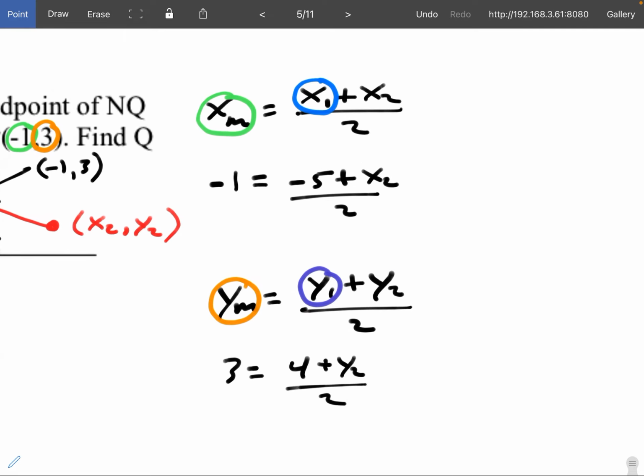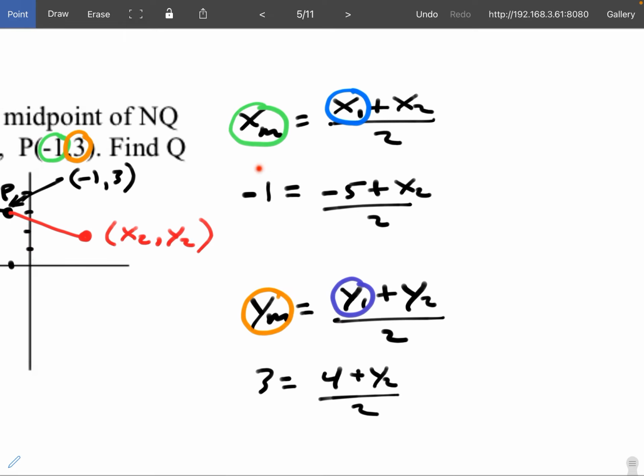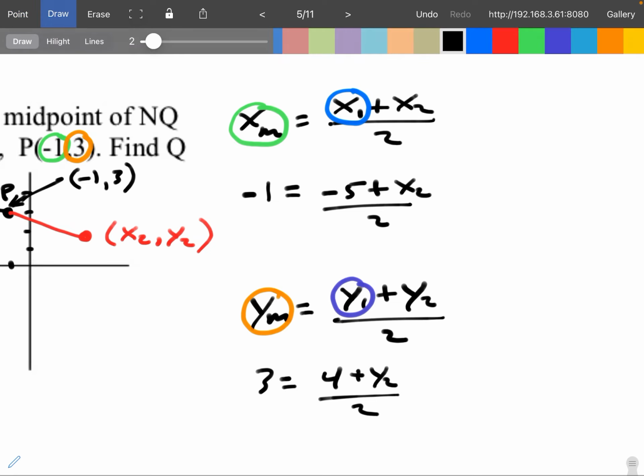So we'll put the 4 in there, and then that's plus y2 over 2. And again, y2 is the missing y coordinate of this endpoint right here.